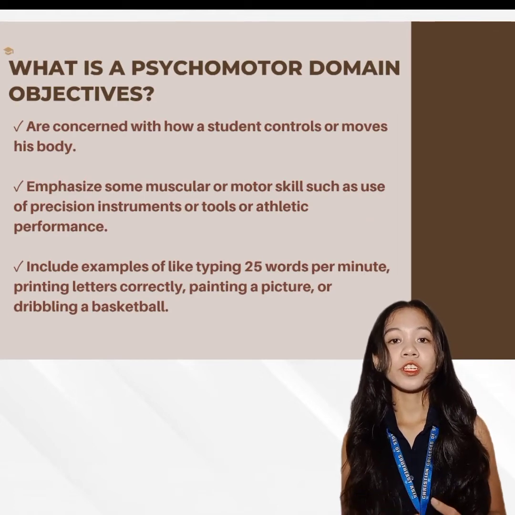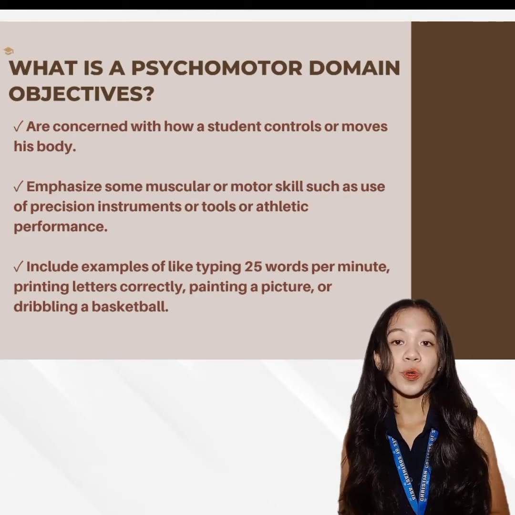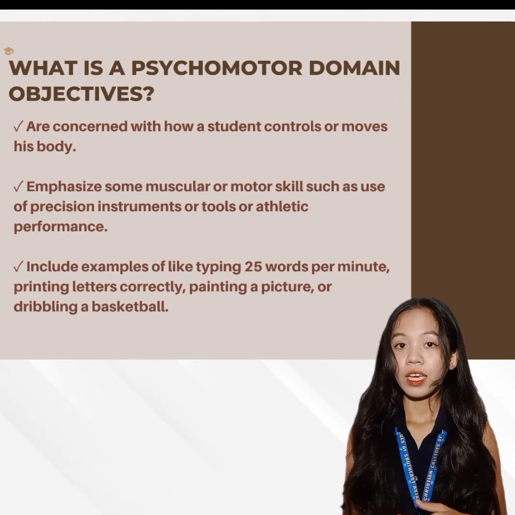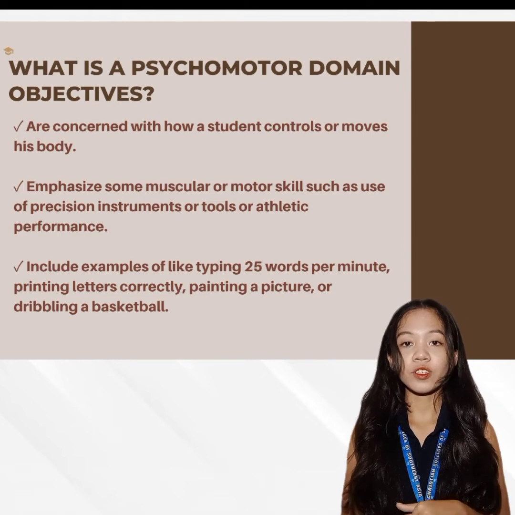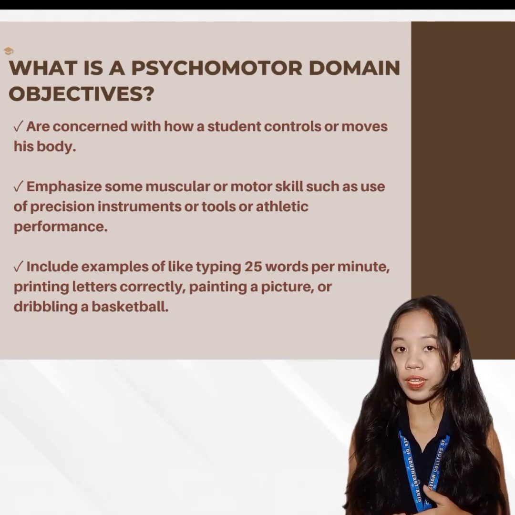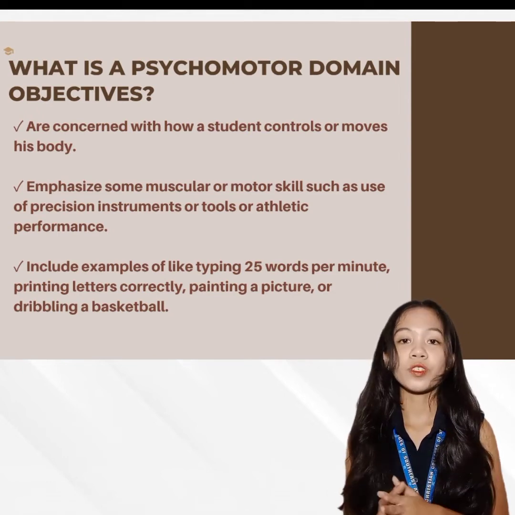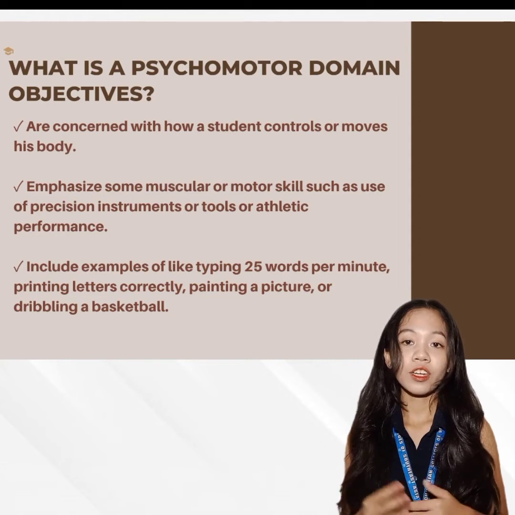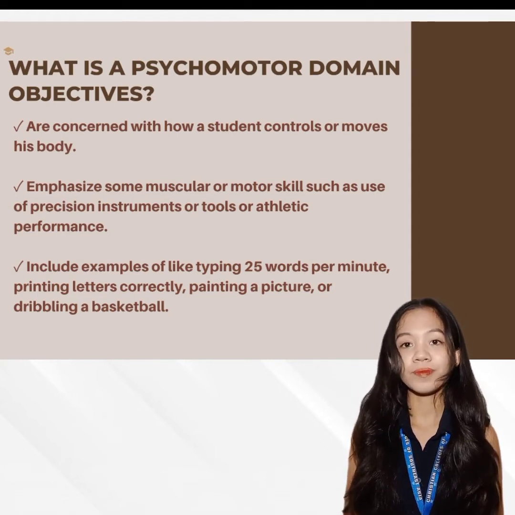Also, psychomotor learning domain objectives are concerned with how a student controls or moves his body, and emphasize some muscular or motor skills such as use of precision instruments or tools, or athletic performance. It includes examples like typing 25 words per minute, printing letters correctly, painting a picture, or dribbling a basketball.